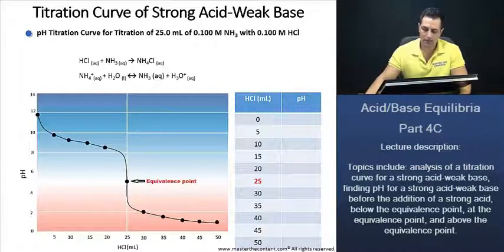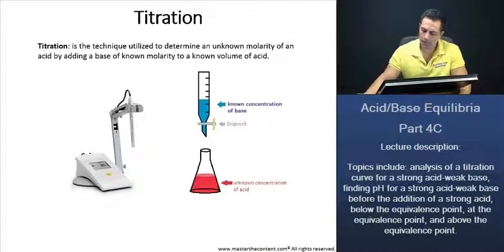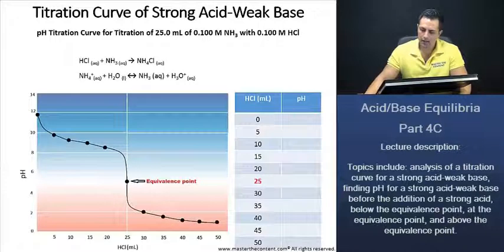This time, if we look at our initial setup, we're going to have the base, the ammonia, in the Erlenmeyer flask, and then we're going to have our acid in the burette. If we take a look at the reaction, the hydrochloric acid is going to react with the ammonia, and that's going to give us an ammonium ion.